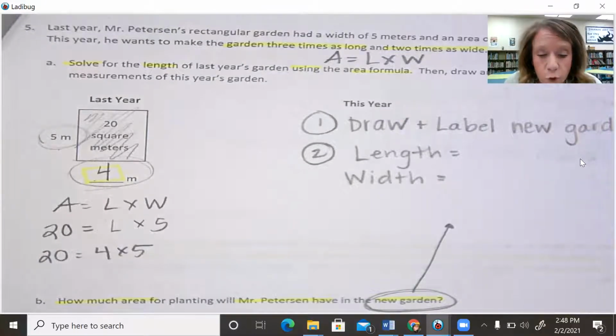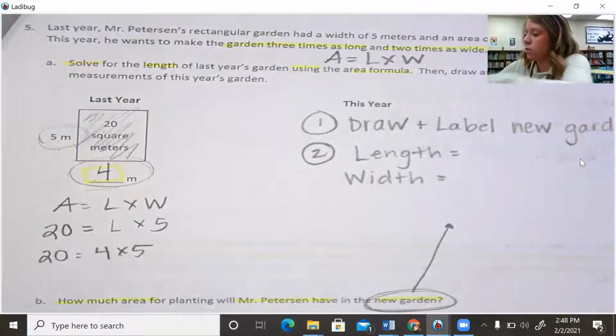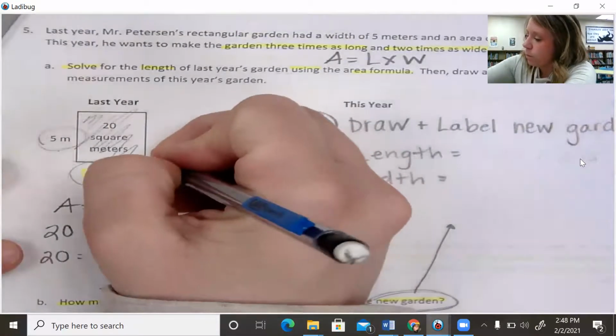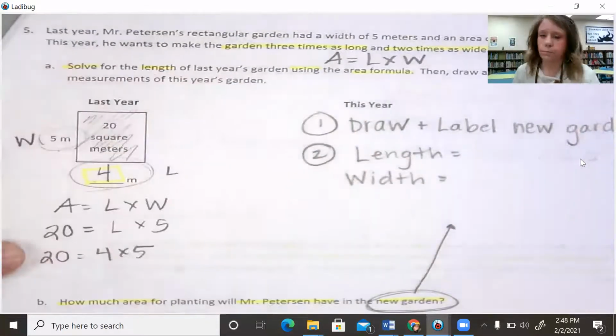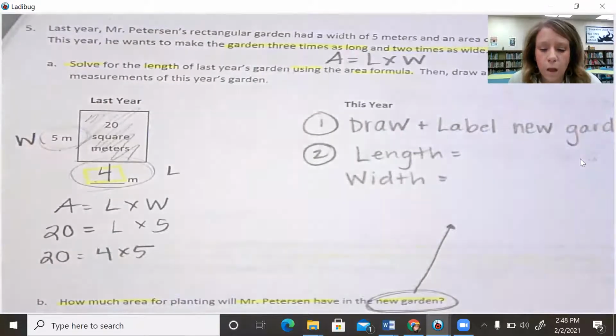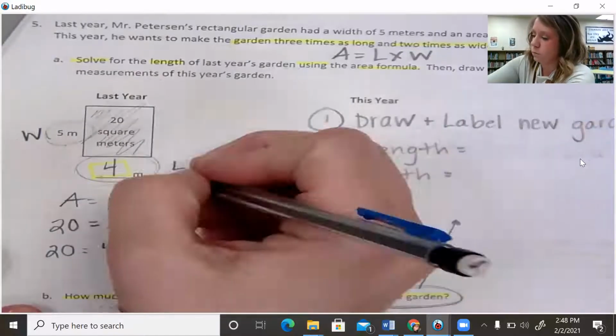Now I need to figure out the new garden. So I'm going to mark this down. This is my length. This is my width. The new garden is 3 times as long.